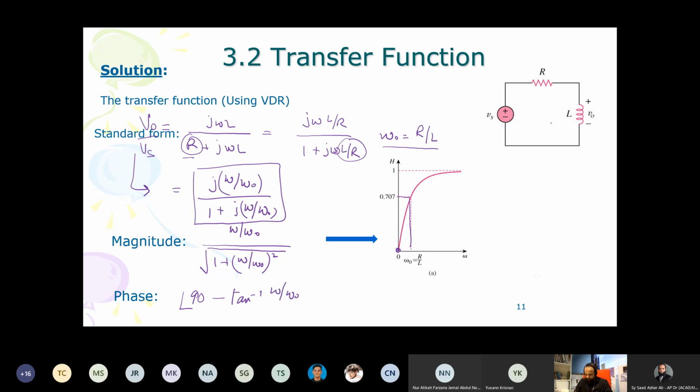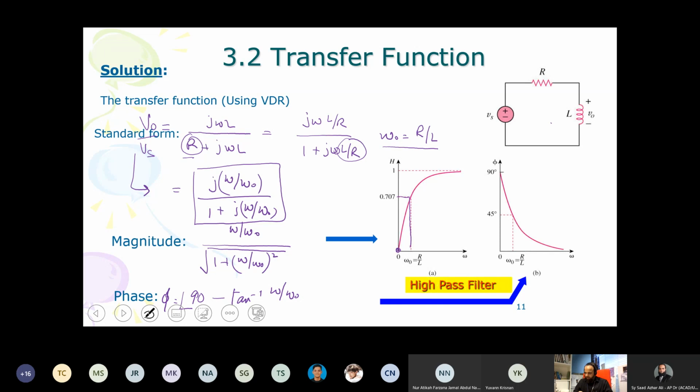Is that okay? For this particular case, the phase plot will be this, and it will be a high pass filter. Normally we are more interested in the magnitude plot compared to the phase plot, but the phase is also important for phase difference and how much difference it will create.